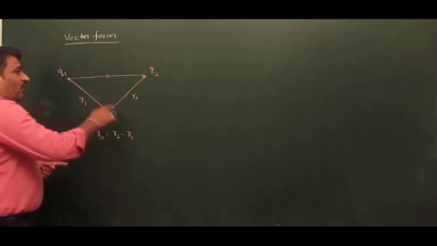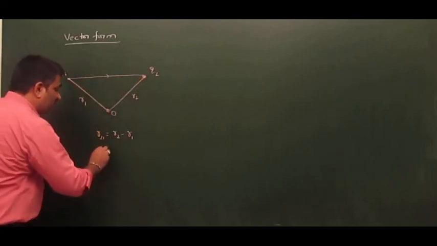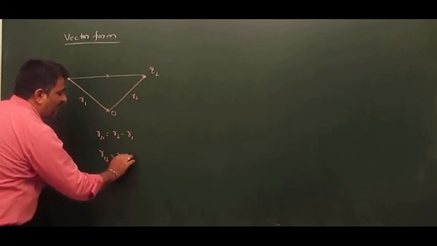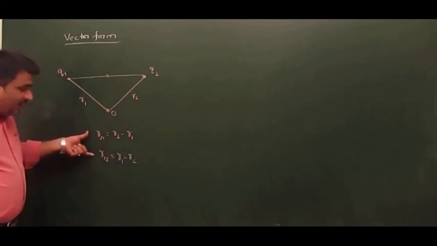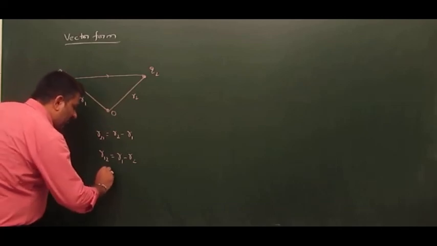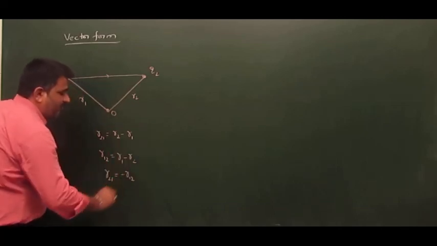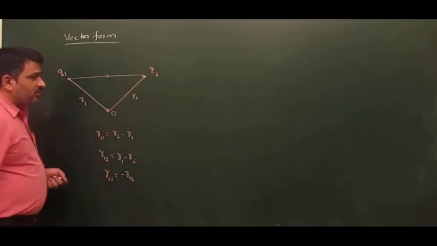If the vector leads from the second charge to the first charge, that is R12, it can be written as R1 minus R2. By these two equations, we can conclude that R21 is equal to minus R12.